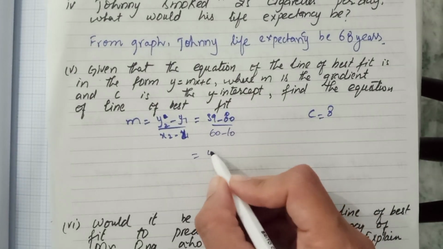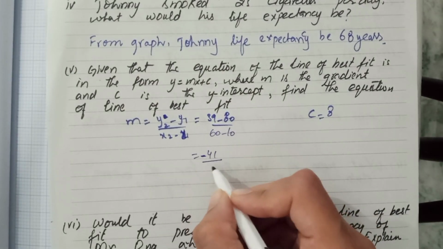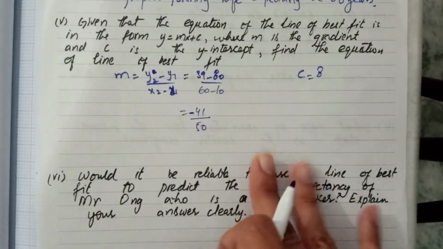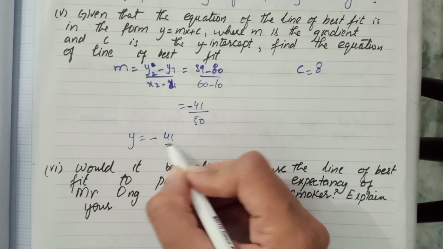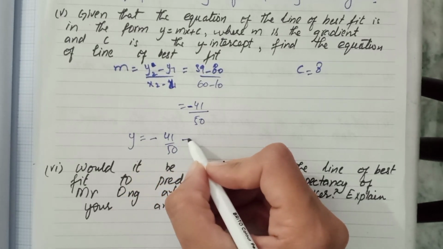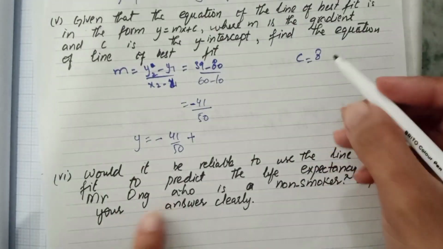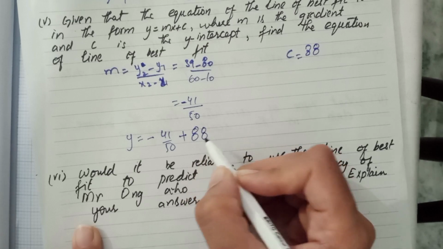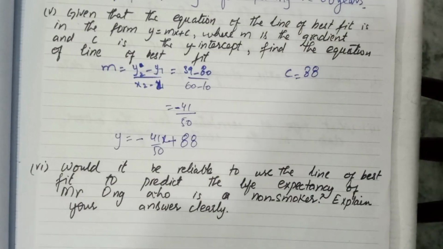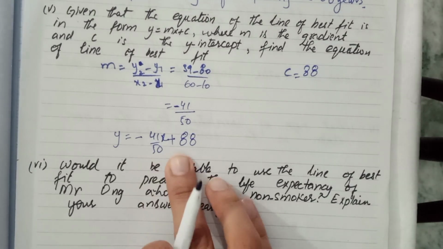By subtracting, we get minus 41 over 50. Now the equation of the line is y is equal to minus 41 by 50 x plus 88. The y-intercept is 88. Now students, this is the equation of the line of best fit in the form y is equal to mx plus c.